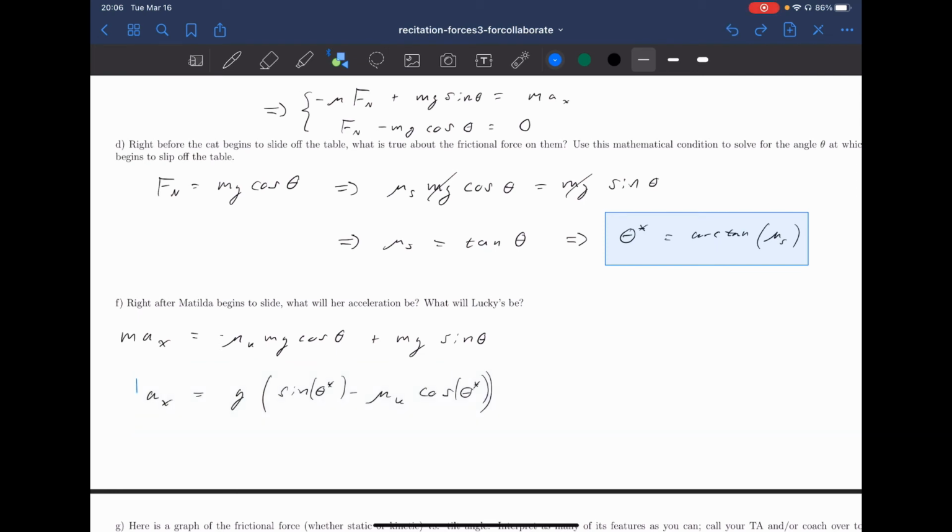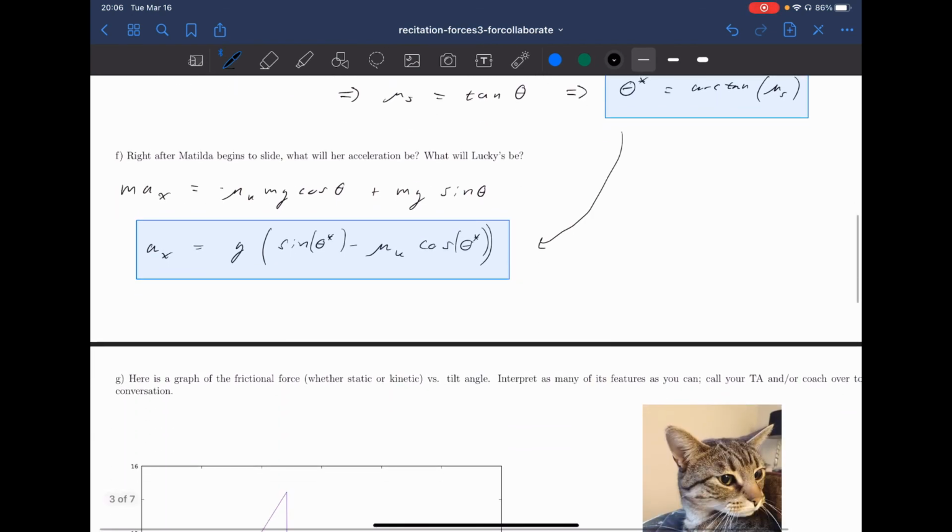One last attempt. That's good. Okay, so you're going to have to find theta star for each cat and plug it in to here. Still in square mode. Okay, so with that, you'll be able to find the acceleration in the x direction for each cat.